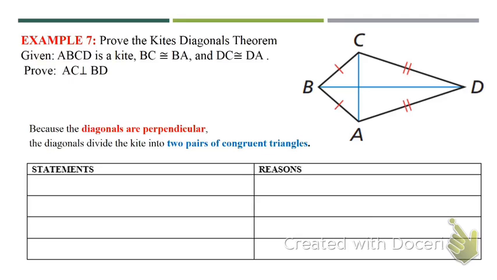So we're going to prove this theorem. We're given that it's a kite, and we know that those sides are congruent.